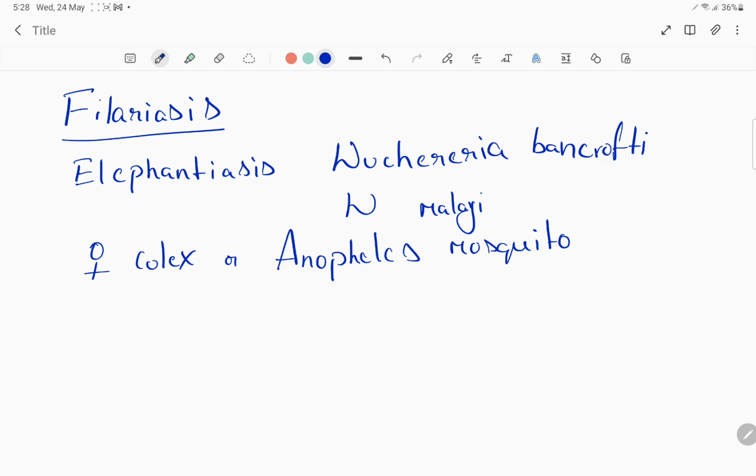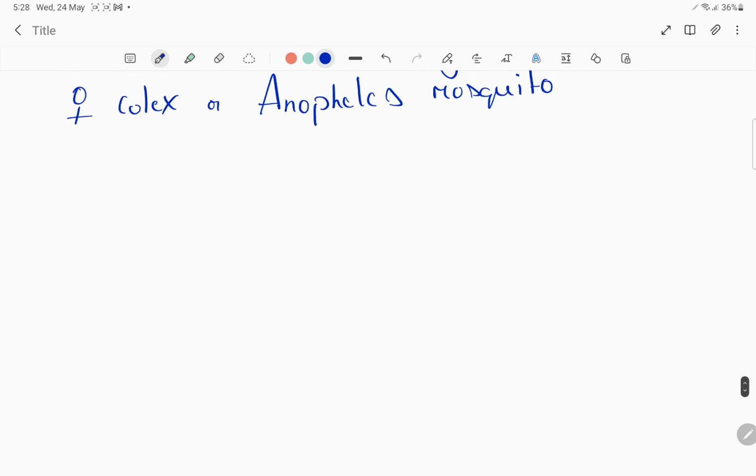So this is digenetic in nature, having two hosts, and they are the natural vectors for the nematode, and adults reside in lymphatic vessels. So the organ for attack is the lymphatic vessels.